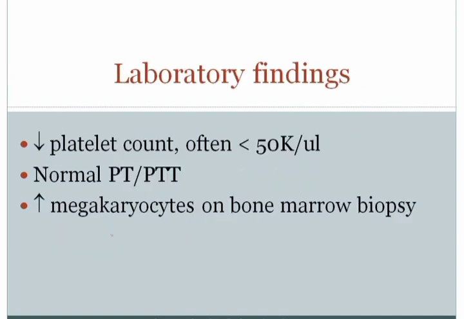Now, what are we going to see on labs? Well, obviously, we've got idiopathic or immune thrombocytopenia. Thrombocyto refers to the platelets, and penia means that they're low. So the platelet count is going to be low because the platelets are being consumed. Often it's less than 50,000 per microliter. At the same time, I'd like you to know that the PT and PTT are going to be normal. We haven't touched the coagulation cascade here.